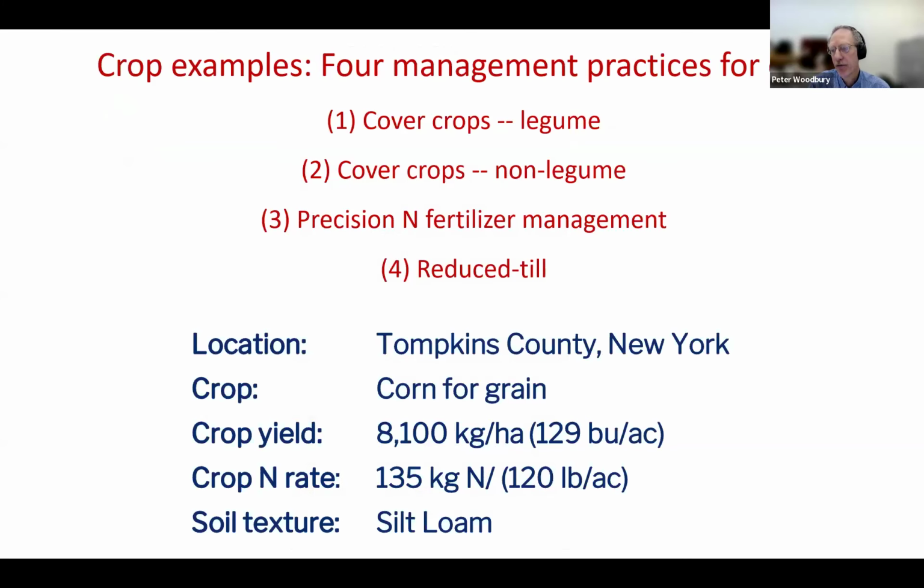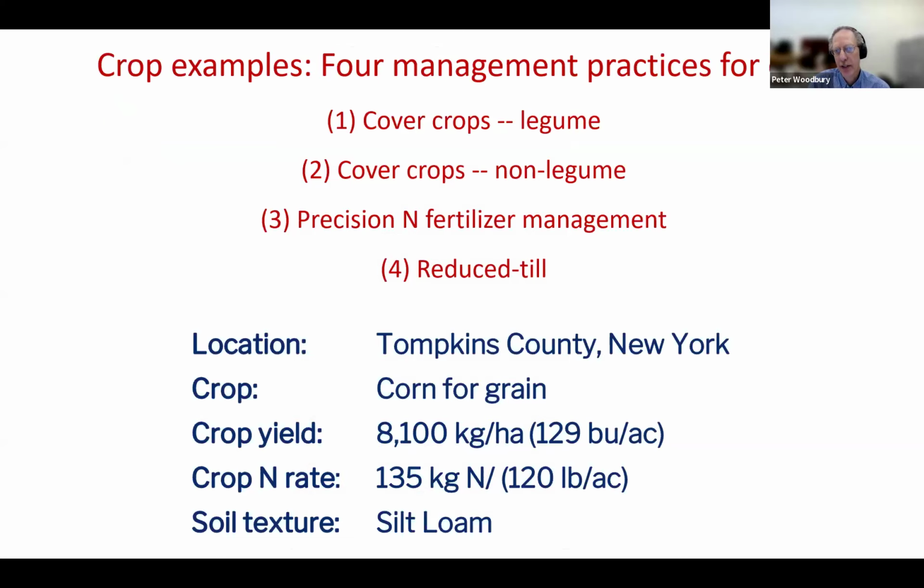Now I'm going to show 4 examples of using the tool for a single crop in a single location. So the 4 management practices are there. This is all for corn, for a county in New York State. I picked the one where I'm located.